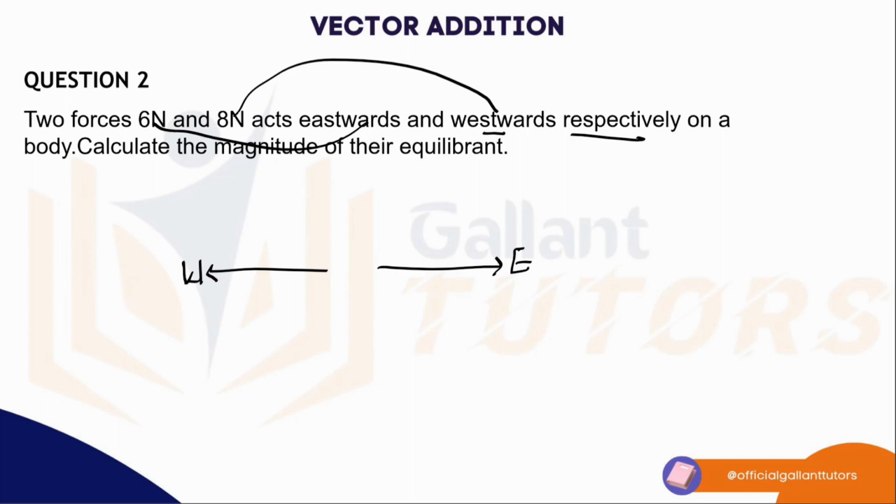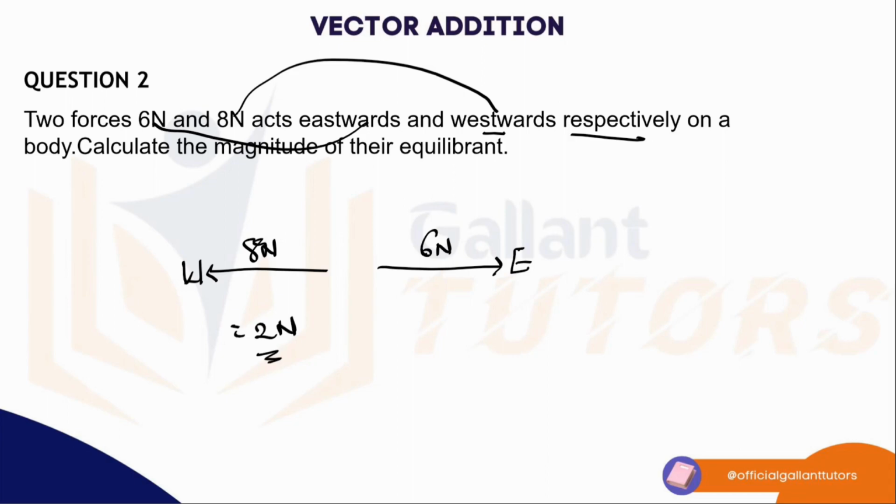So now for westward we have 8 Newton, and for eastward we have 6 Newton. Is that clear? Now the same principle applies. Whenever 2 forces are moving in opposite direction, what do you do? Subtract. If they are moving in the same direction, you add. All right. So 8 Newton minus 6 Newton will give us 2 Newton. Is that clear?